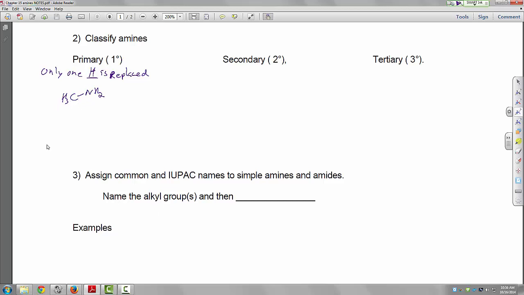Secondary amine, two hydrogens are replaced. We have two alkyl groups attached to nitrogen. We'll make this dimethylamine. There's only one hydrogen still on the nitrogen.